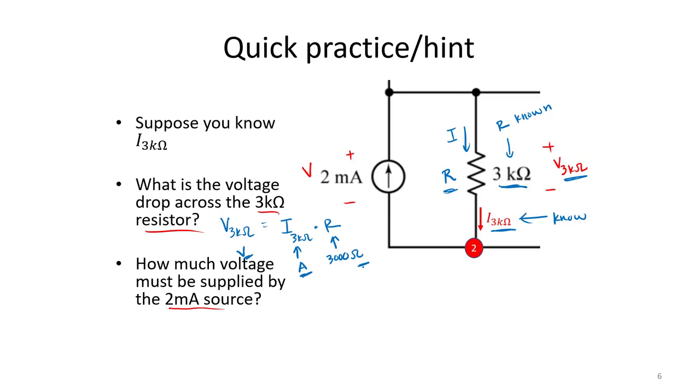Second part of this question asks, how much voltage must be supplied by that 2 milliamp source? Well, that might be a little more tricky, right? We don't have a lot of information to work with here, and we don't have a resistance value to use Ohm's law. But what else do we know about voltages? Take a moment and think about it.